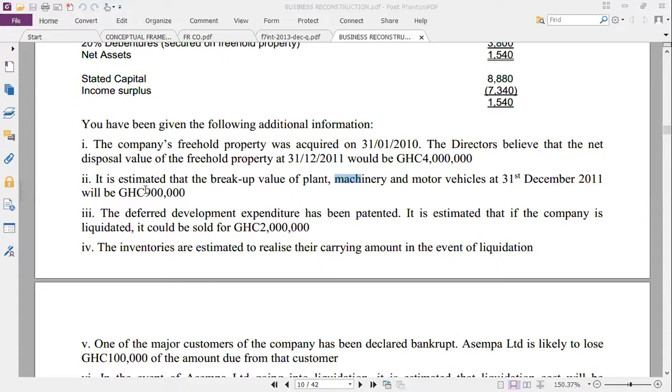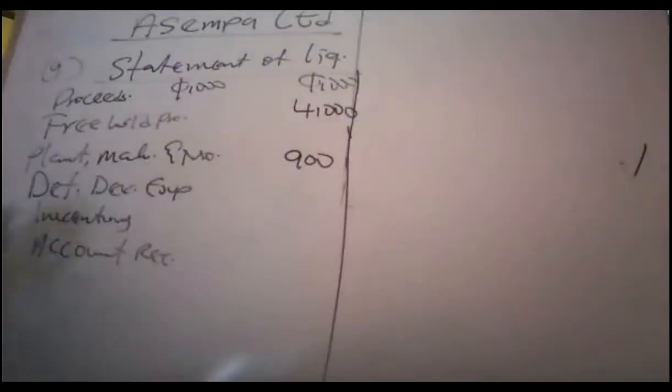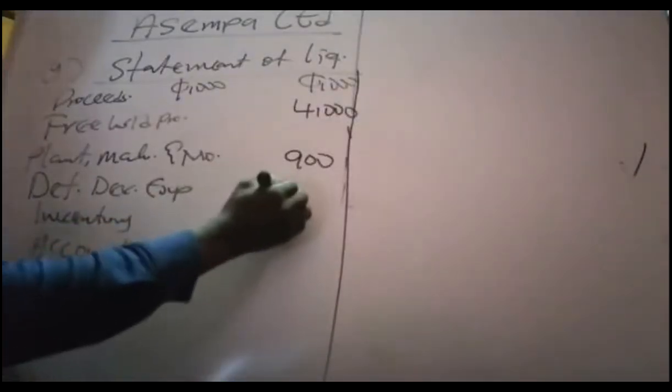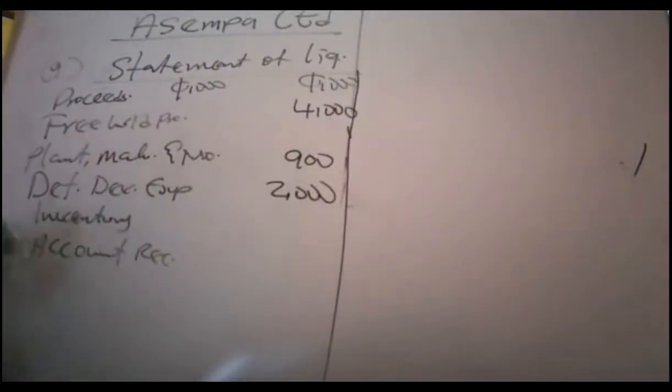And it is estimated that if the company is liquidated, it could be sold for 2 million. So you go there and put the 2 million there. In fact, if you arrange it well, the examiner will move in the same direction. But if you just look and pick, you may end up leaving some out.